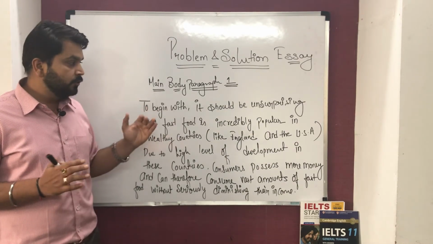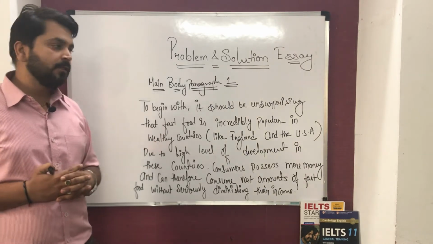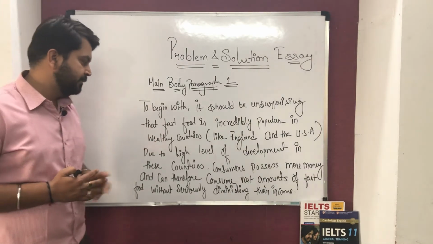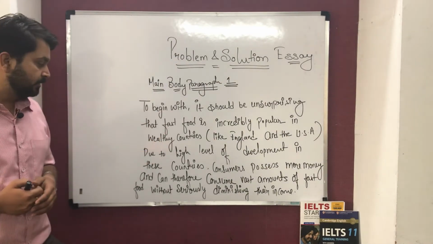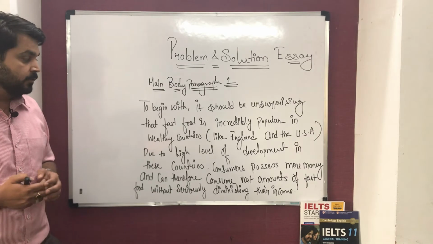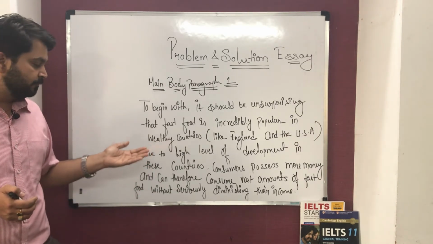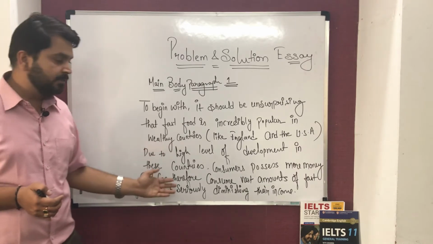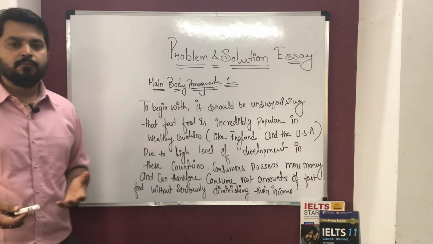Like, to begin with, it should be unsurprising that fast food is incredibly popular in wealthy countries like England and the USA. Why? Due to the high level of development in these countries, consumers possess more money and can therefore consume vast amounts of fast food without seriously diminishing their income. So why do people consume more fast food?